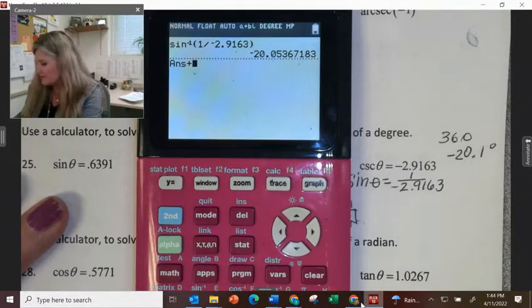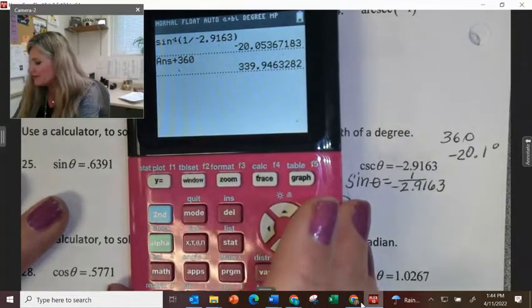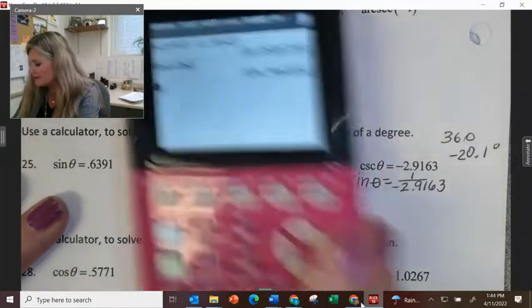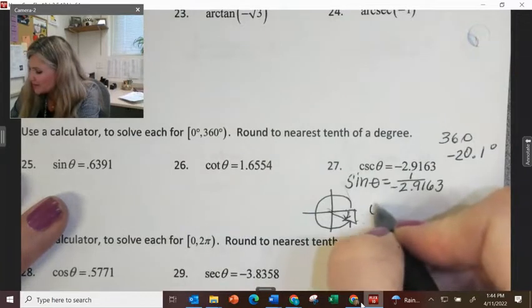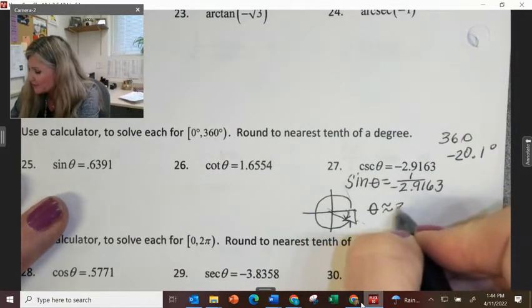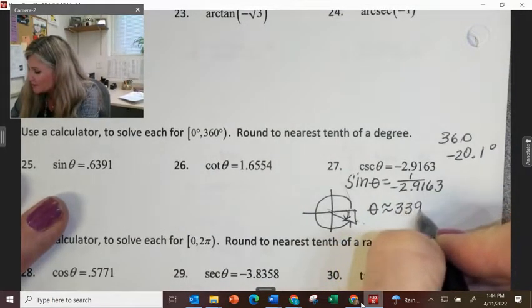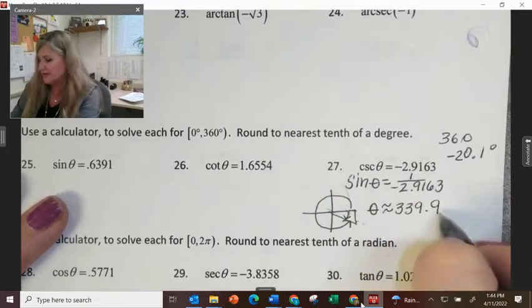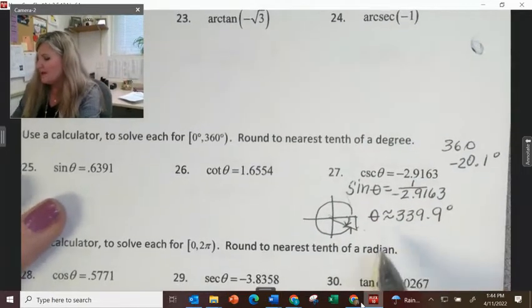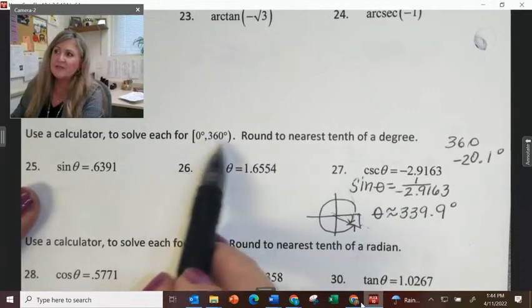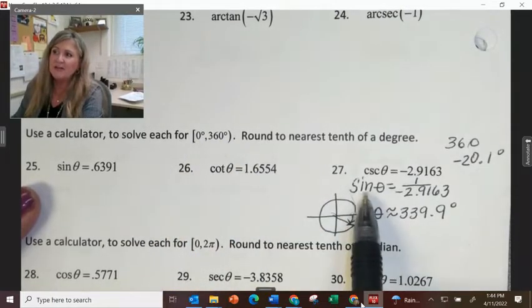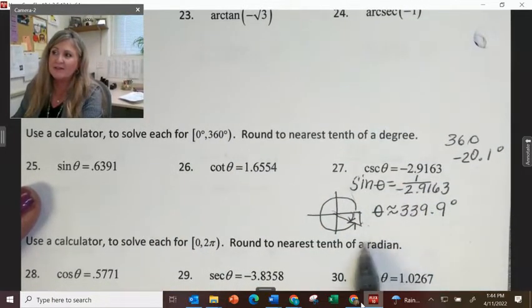Plus 360. And I get 339.9. So that is in my range. So that is going to be one of my answers. 339.9 degrees.